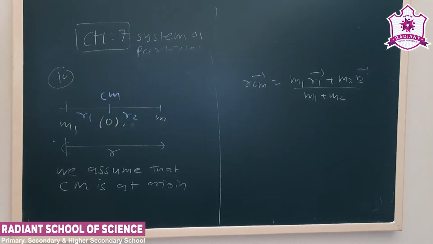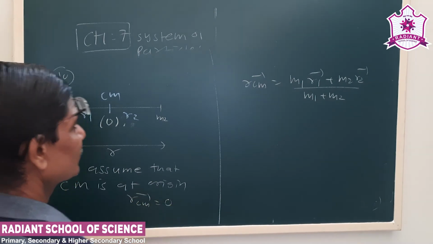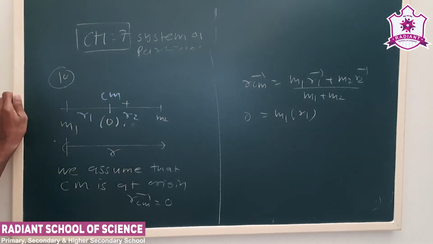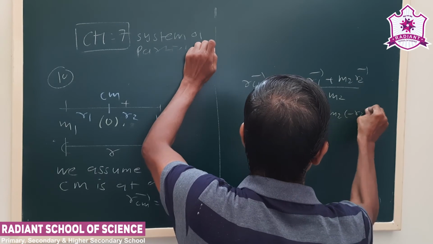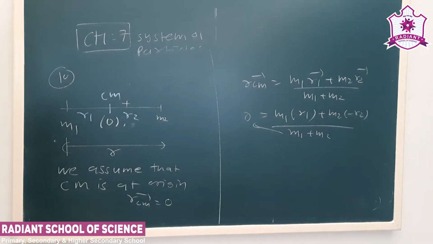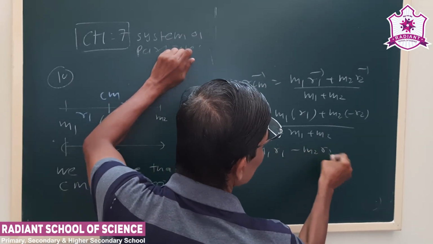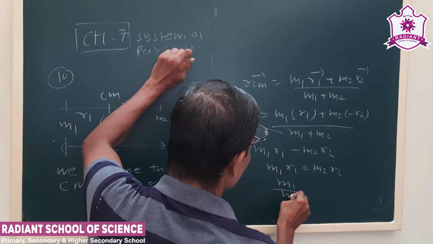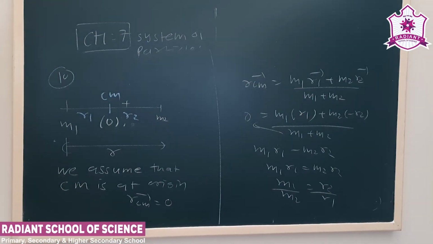Right of the origin will be positive, left of the origin will be negative, so the sum becomes 0. So what is the relation? m1 upon m2 equals r2 by r1. Now this is how we can solve.